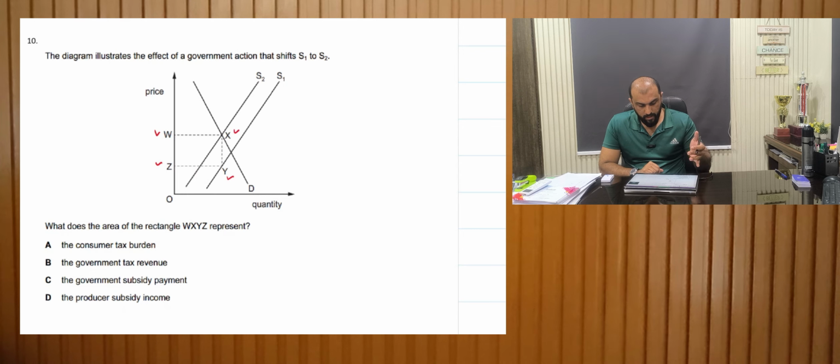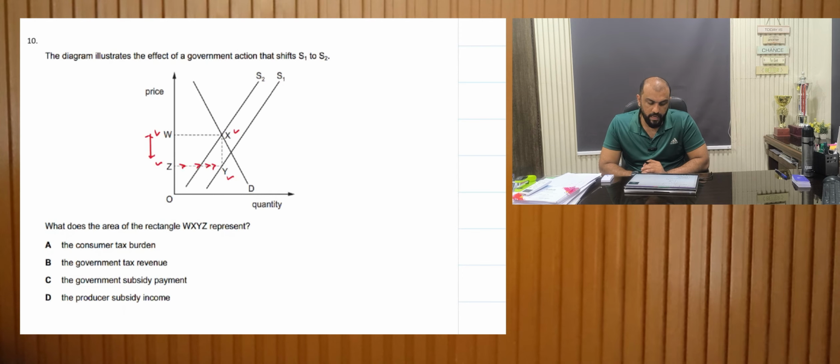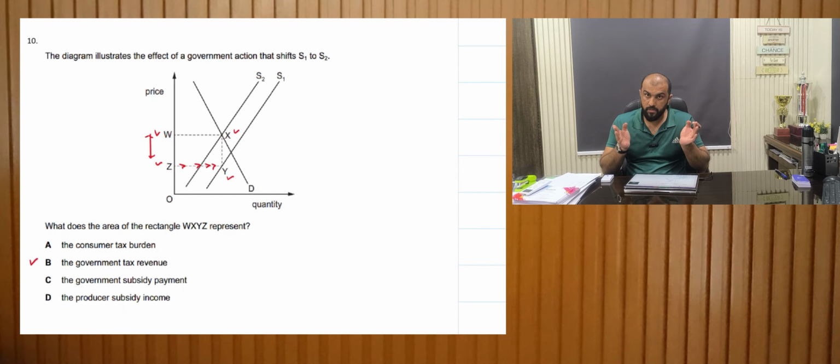The vertical distance shows the tax per unit, and this shows the amount of units that are being taxed. So length into breadth, we get this entire rectangle. This shows the tax revenue received by the government. Because the supply is shifting inwards, we are assuming that it's tax. Had it shifted outwards, we would assume that it is a subsidy.